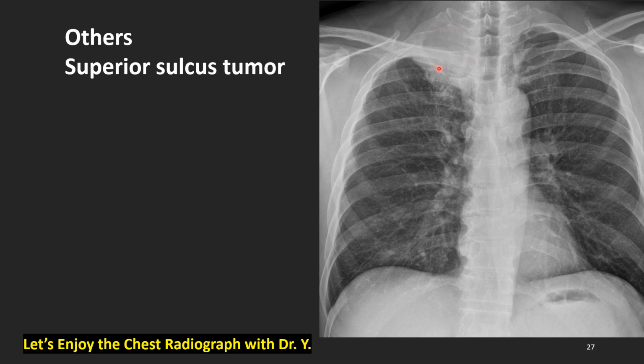That's here. Increased opacity and rib destruction. Yes, superior sulcus tumor. We used to call this Pancoast tumor, after Dr. Pancoast, but we do not use Pancoast tumor anymore. Just superior sulcus tumor is better.